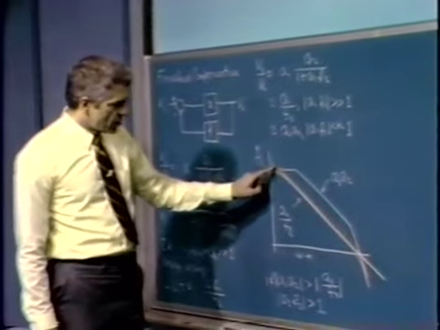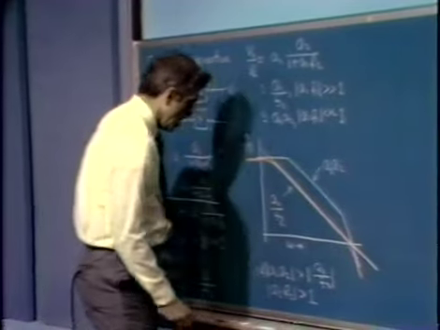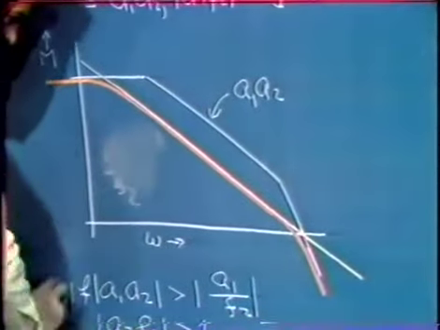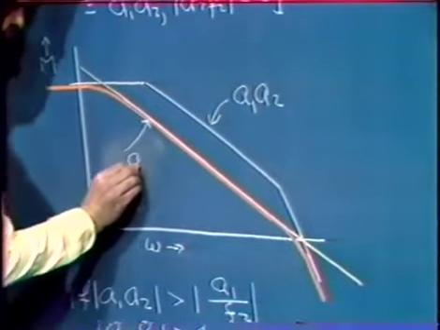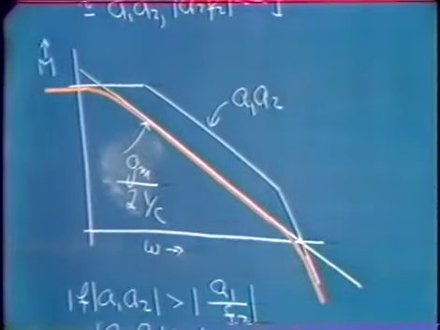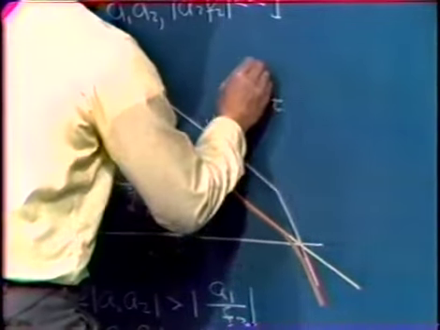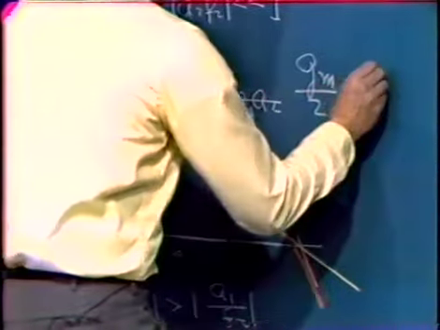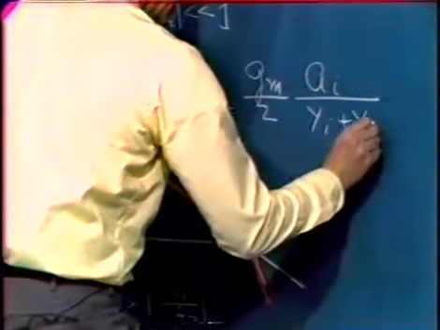In this case, this curve would be GM over 2Y sub C. So we can show what would happen for our operational amplifier. This curve would be G sub M over 2Y sub C. And this curve would be not this quantity, but rather G sub M over 2 times AI over YI plus YA.